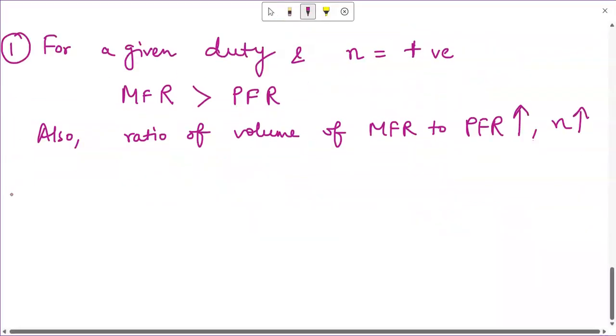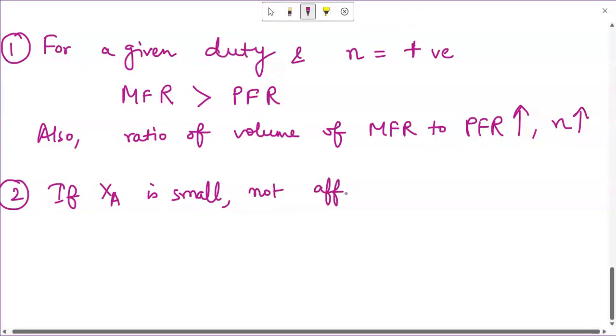The next observation is that if XA, or the conversion, is small, the reactor performance is very less affected. So I am just writing: not affected much by flow type.